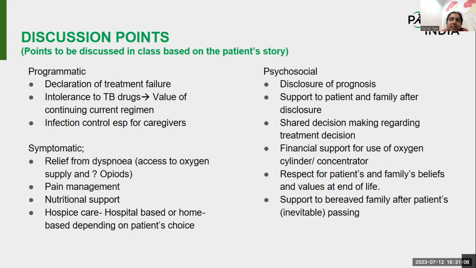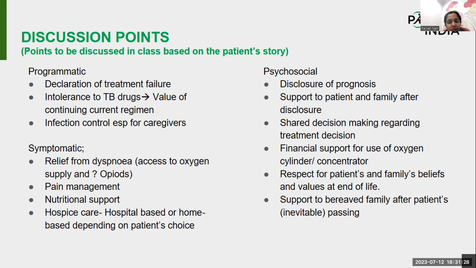So I think patients like this continue to be our most difficult patients. One is that there's considerable difficulty in access to opioids for most such patients, which is very important for them. And also oxygen.